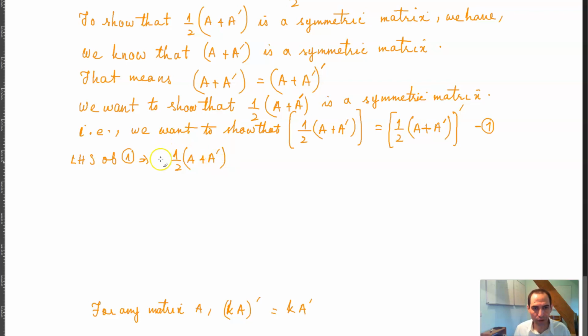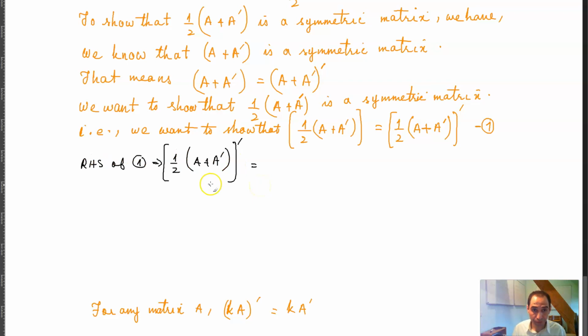So now the RHS is 1/2 of A plus A transpose whole transpose.